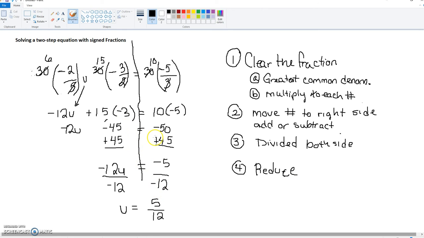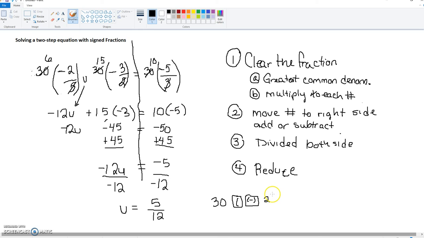Okay. If you are going to use a calculator to clear the fractions up at the top, I wanted to include those steps. I'm just going to do the first number. You would take 30. You would press your parentheses button. Then you're going to press your negative button. This is the negative key, not the minus key. And then 2.